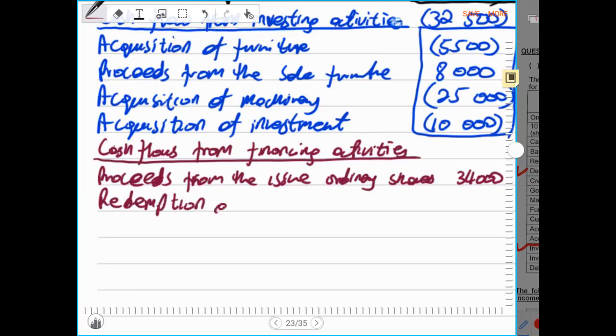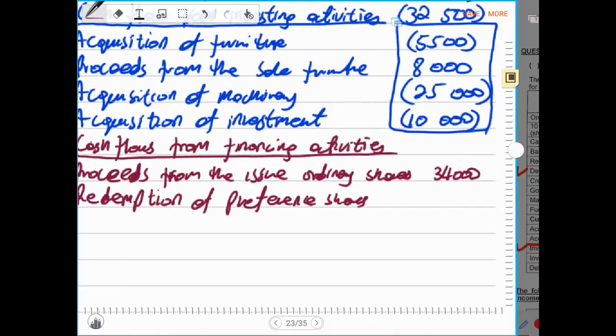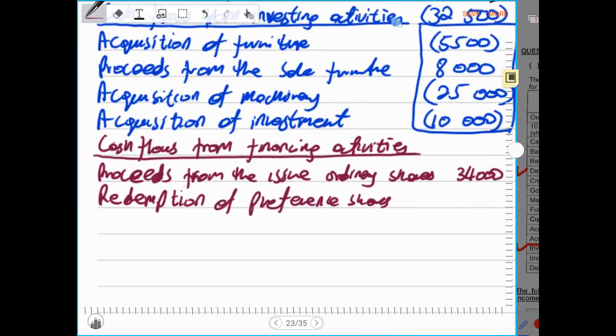Redemption of preferences. Let me just write this in brackets and show the workings in case some examiner requires that. Let us open brackets and you say 10,000, which is the capital, plus 3,000, which is the premium.